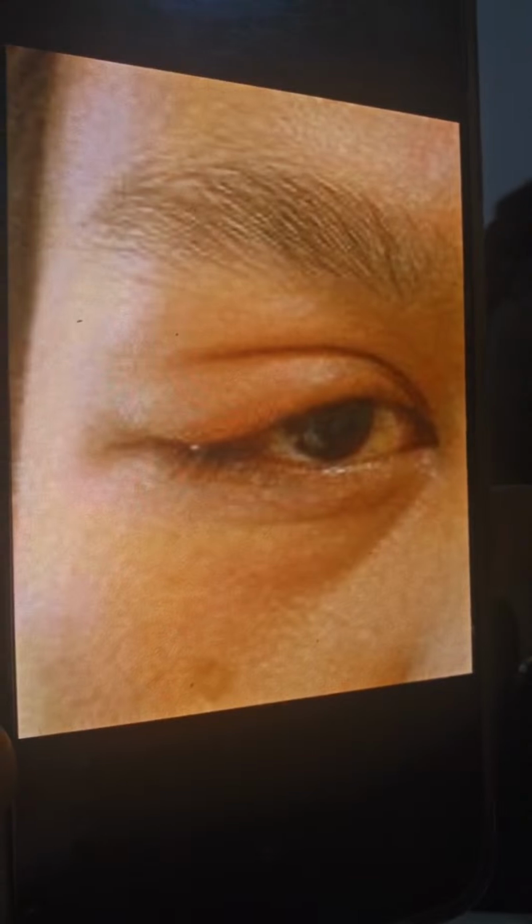So if I were to have a lacrimal sac swelling, I would have a swelling in the medial canthal region, and that is called dacryocystitis. This one is called dacryoadenitis. So this image is dacryoadenitis, which is a painful swelling.